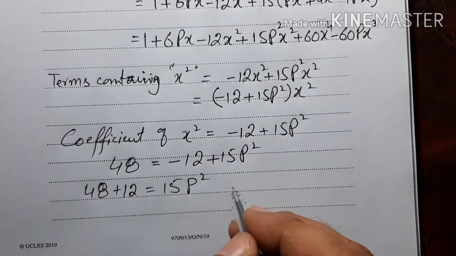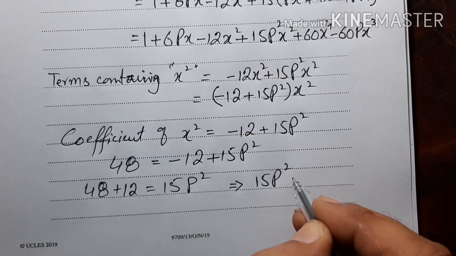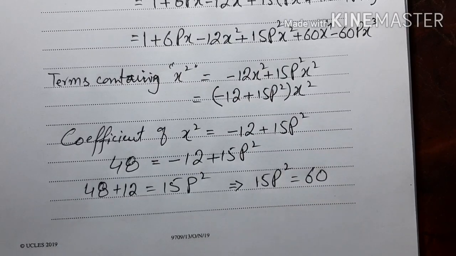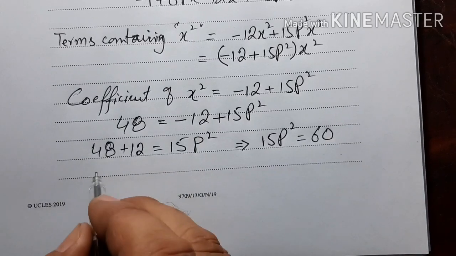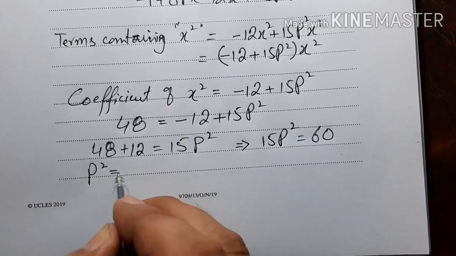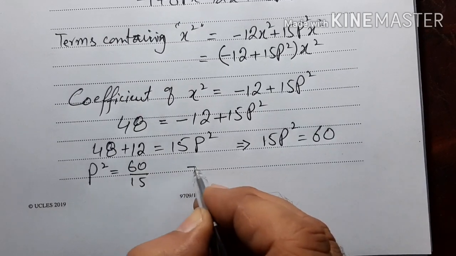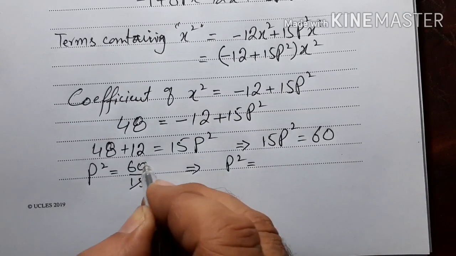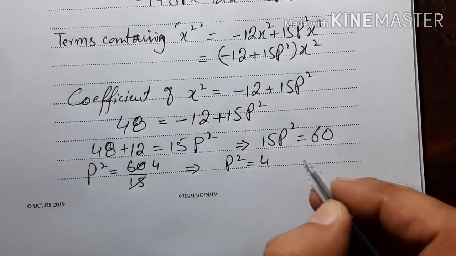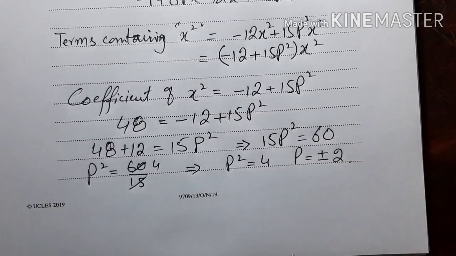This will become 15p square is equal to 60. So take 15 to the other side, so p square is equal to 60 over 15, and it will give me p square is equal to 4, which will be p is equal to plus minus 2.